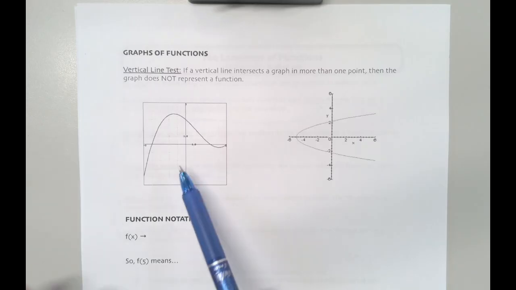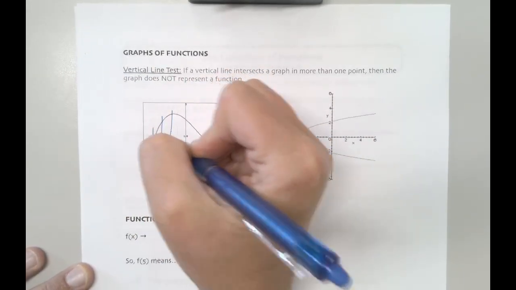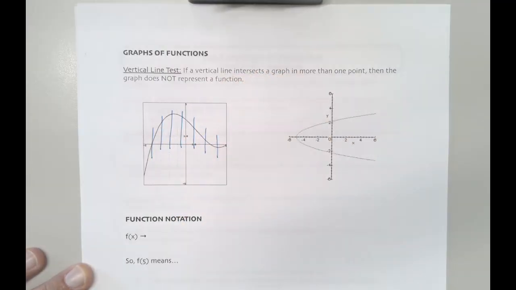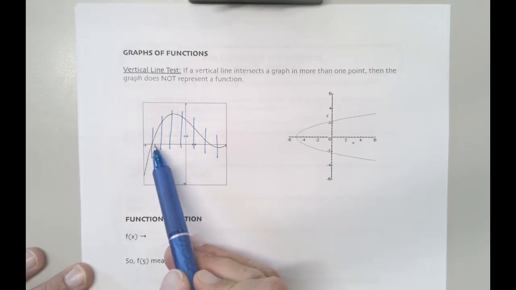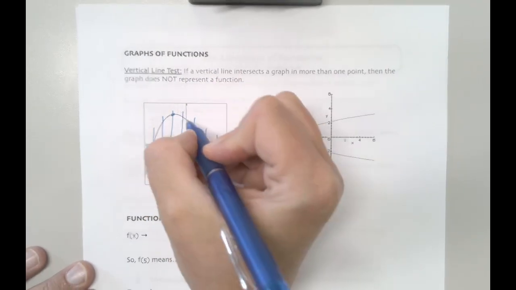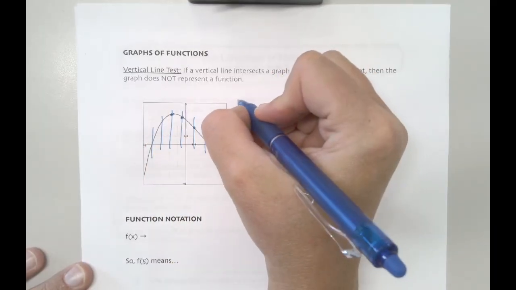So if you look at this first graph right here, I can draw a vertical line anywhere on this graph, and I'm only hitting one y value each time. I'm only hitting the graph one time, okay, for every x value that I choose. What that's telling me is that whatever x value I'm choosing along the x-axis, it's only got one place to go on this function, okay? So this one would be a function.